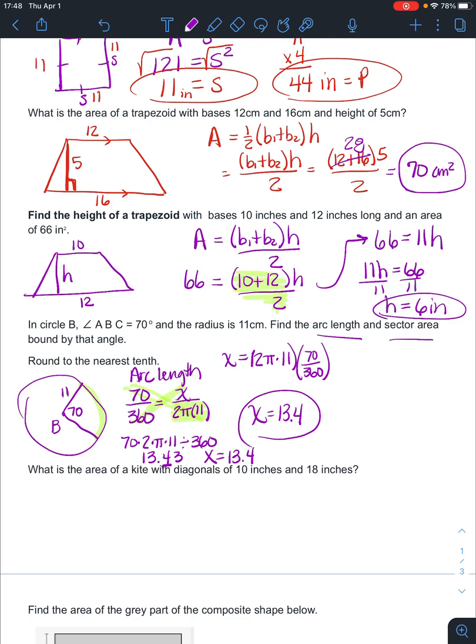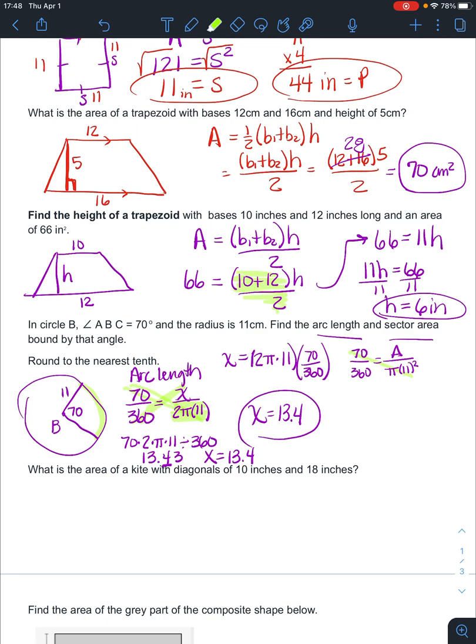The only thing that changes is this bottom piece. So if you do it with proportions, then we do 70 over 360 is equal to the area that we want over the entire area, which is pi times r, which is 11 squared.